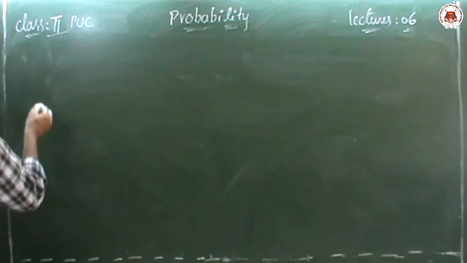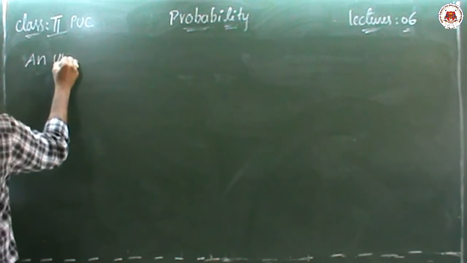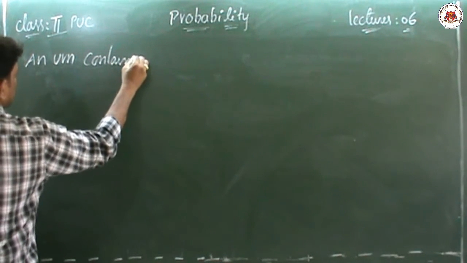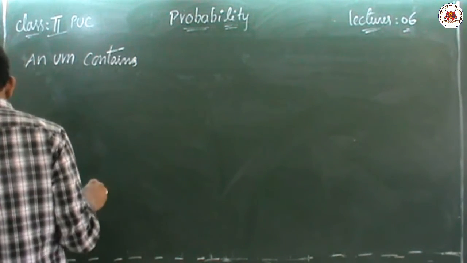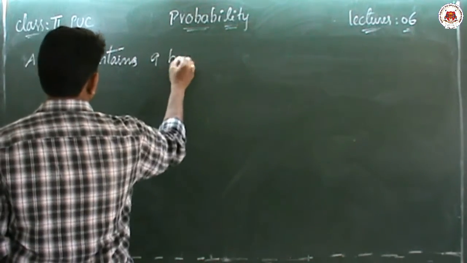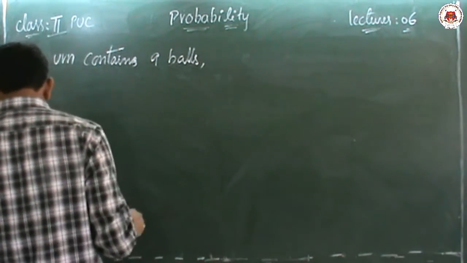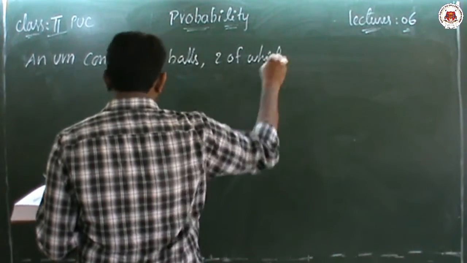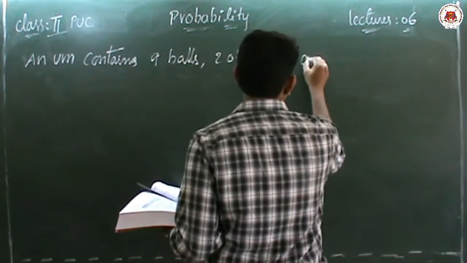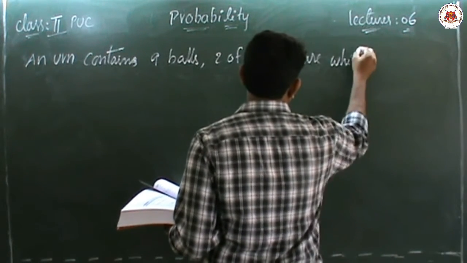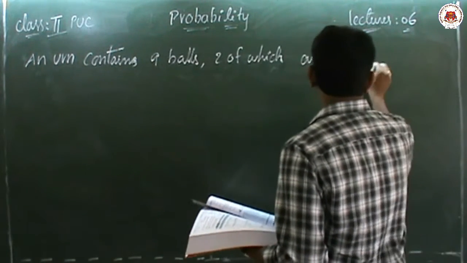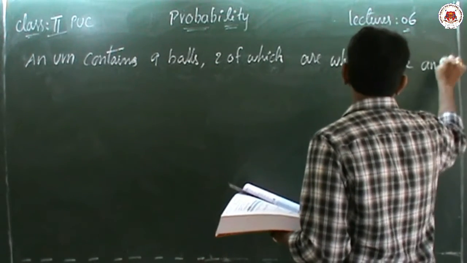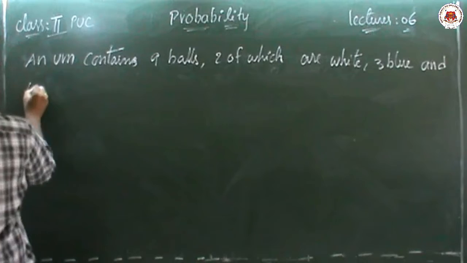Next question is an urn, U-R-N. An urn contains 9 balls, two of which are white, 3 blue and 4 red.